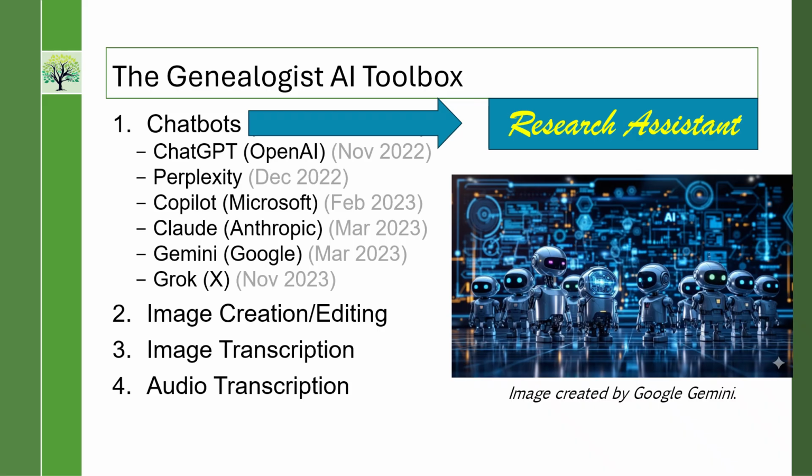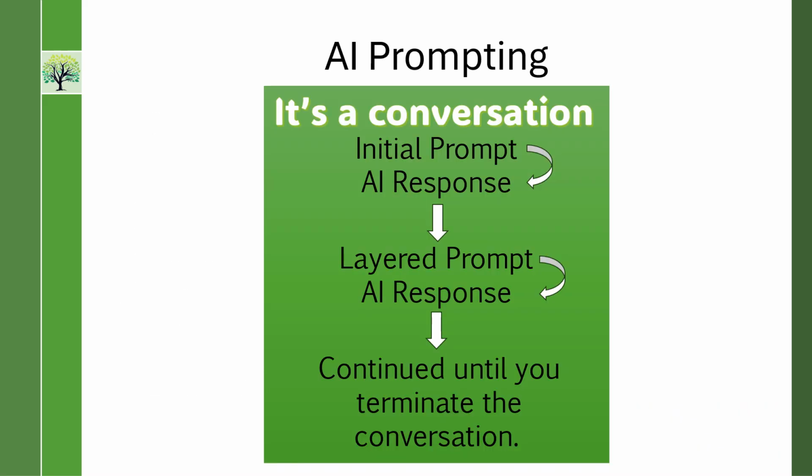Now, I said it's a conversation. And the way it works is you start off the conversation by giving it a prompt. And how well you write that prompt will have a lot to do with how frustrated you are at the end of the conversation or how successful. Please anticipate for the first few days or first few uses, it might be frustrating if you haven't used it before.